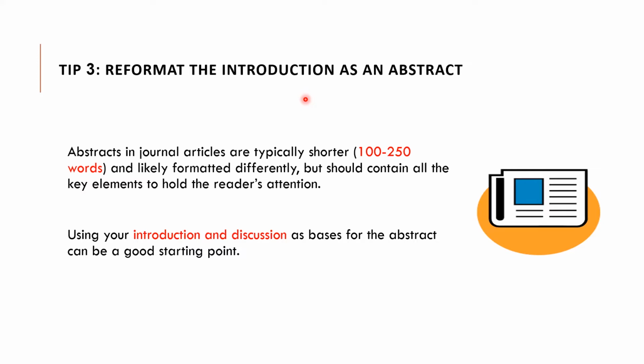Okay, so it's likely you need to format it differently, but it should contain all the key elements. When you're trying to make the abstract suitable for an article, you need to take the key elements, the keywords, the main parts of your article, all right? And also, using your introduction and discussion as a basis for the abstract can be a good starting point. Because as you know, the abstract is written at the end, after you finish the whole article. I don't know if you attended the last workshop I did on how to write your paper and prepare your manuscript.